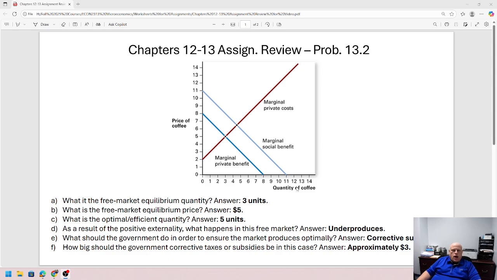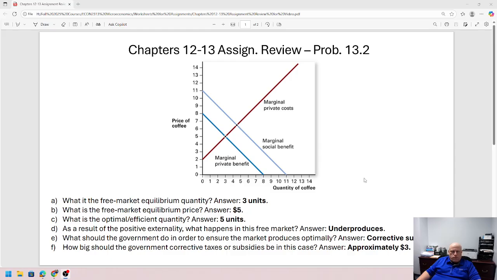It wanted you to answer some questions related to the basic positive externality that is depicted on this graph.